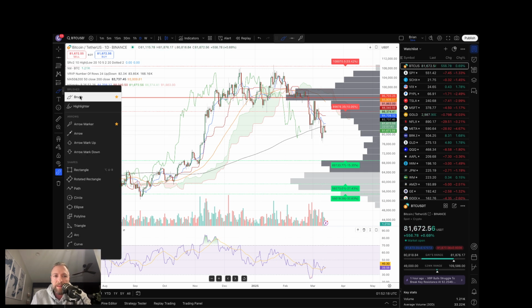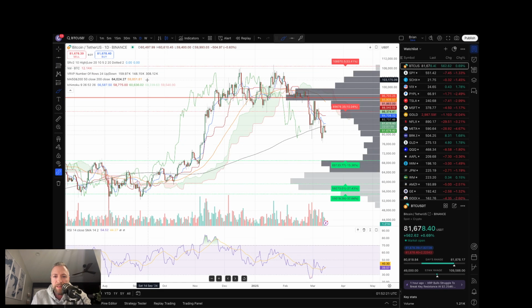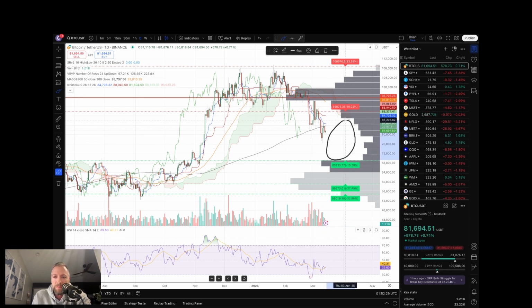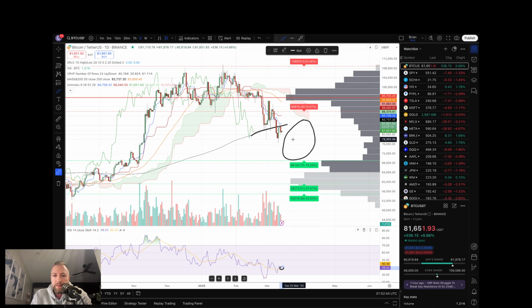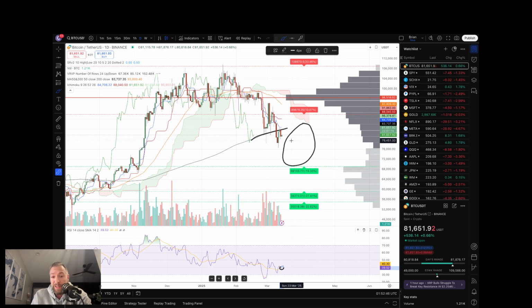So I like to look at the different time frames and see where the volume profile is, what the stock looks like. You can see right here on this daily, there's a little gap right here. We're below the 200-day moving average. The RSI is right around 30, 39 or so. So technically, this is still bearish. Is my thoughts on this.